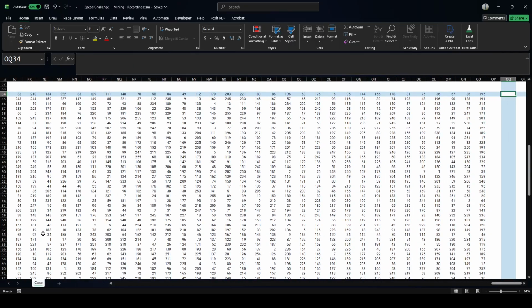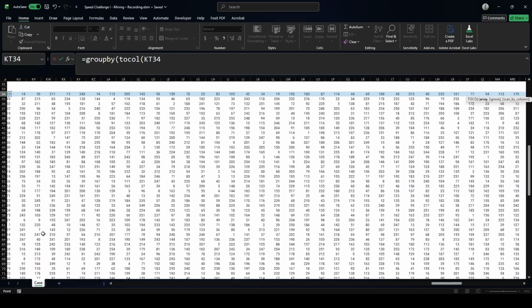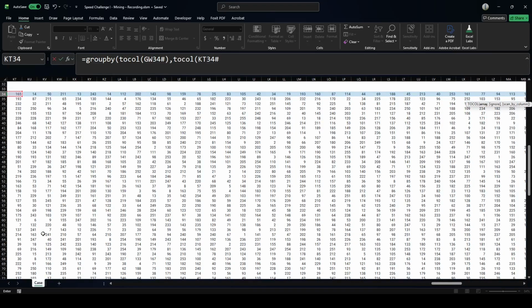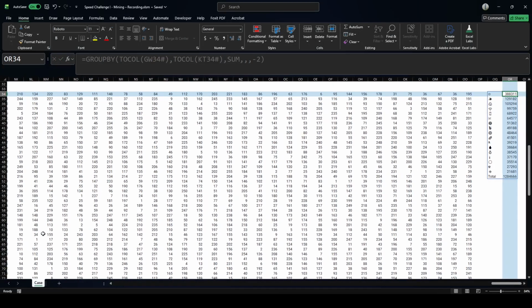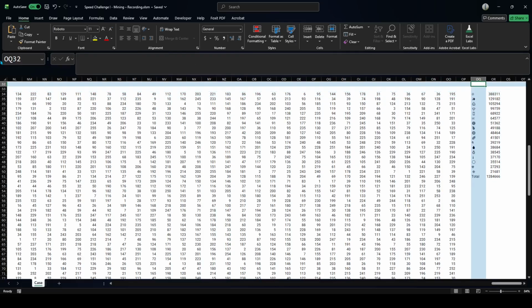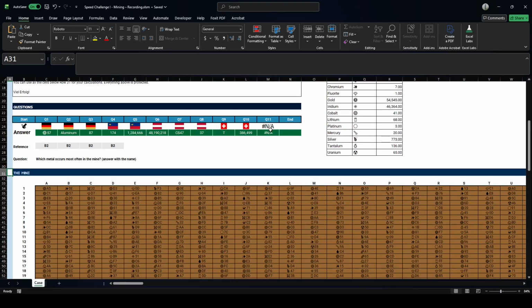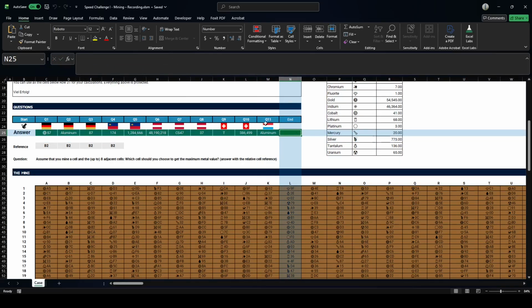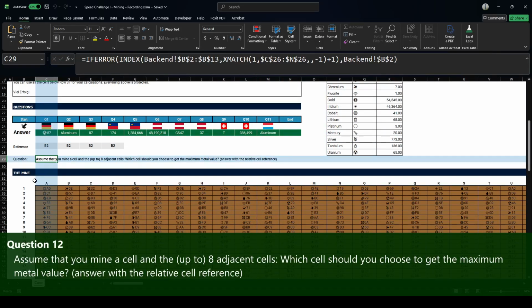Now group by, tocol, the symbols, the counts, sum, minus 2. Okay, this is OQ34. Now I'm going to use this in my formula. There we go, aluminum.